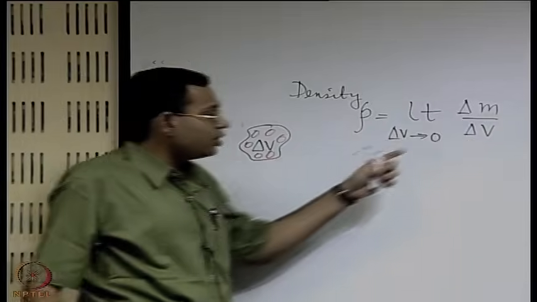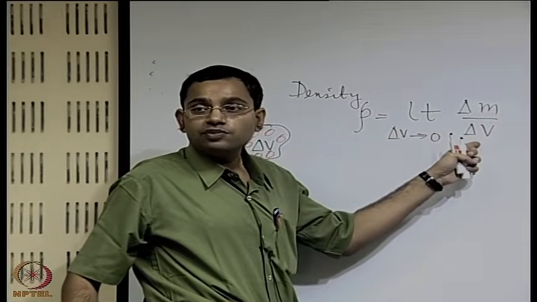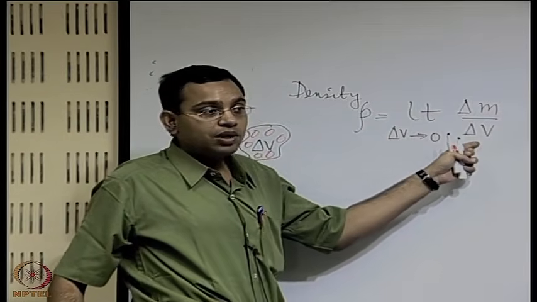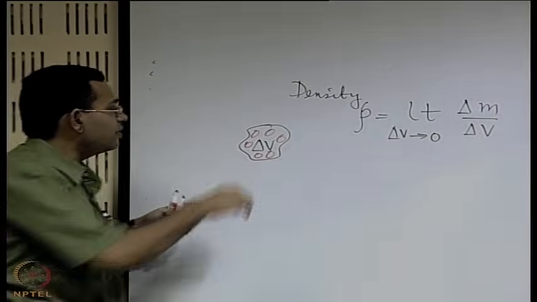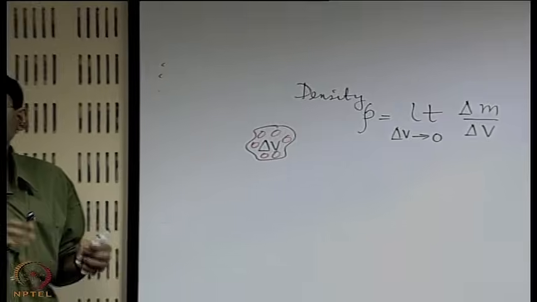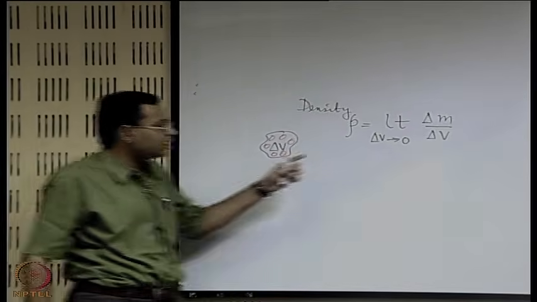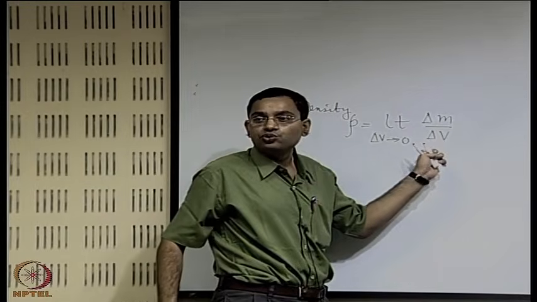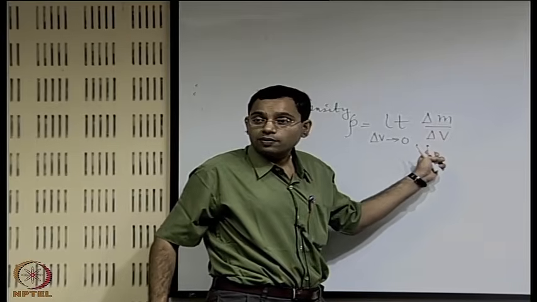If the number of molecules within this elemental volume is very small, then because of statistical fluctuations, even uncertainty in one molecule will give a lot of error and a lot of fluctuation. So it is critical what elemental volume you choose; it cannot be too small.